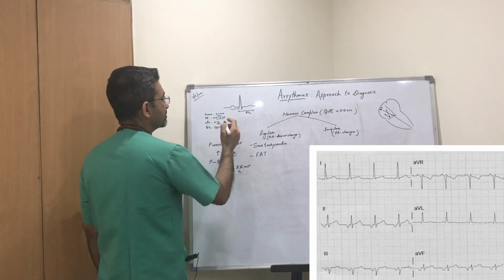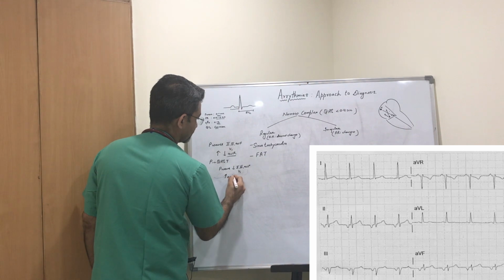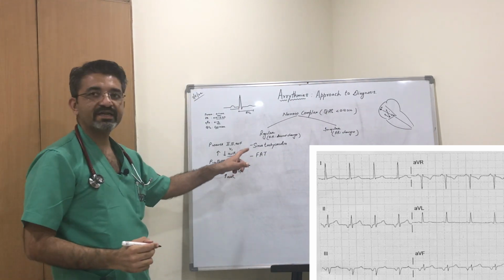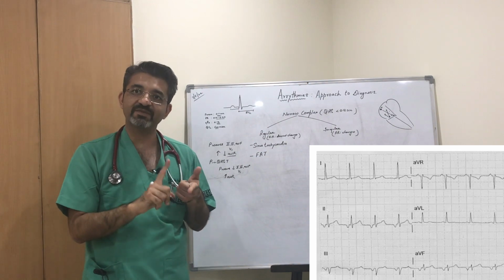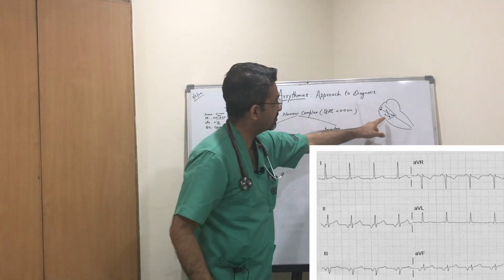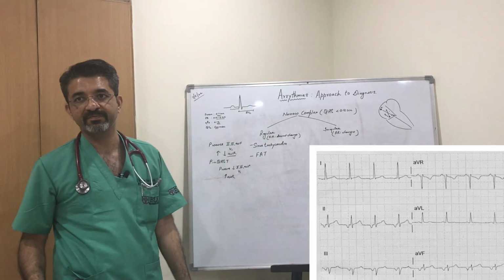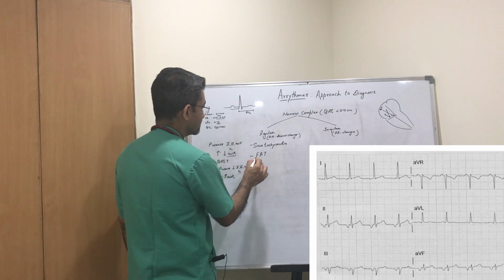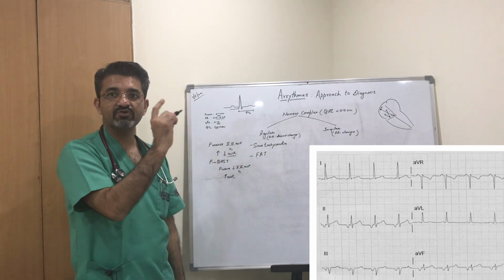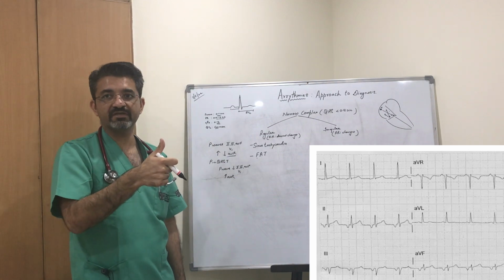So your P wave becomes positive in AVR. So this is known as focal atrial tachycardia. Each P wave is followed by QRST because that impulse will be transmitted from the AV node through the bundle of His and into the ventricular myocardium. So FAT means negative P wave in lead 2, 3, AVF and V1, and positive P wave in AVR.